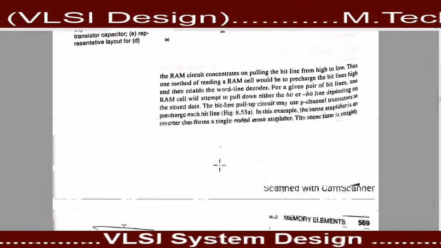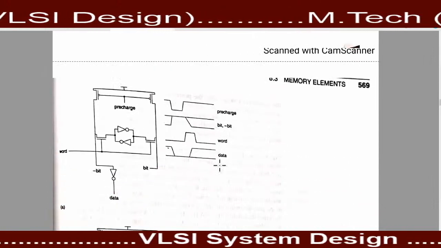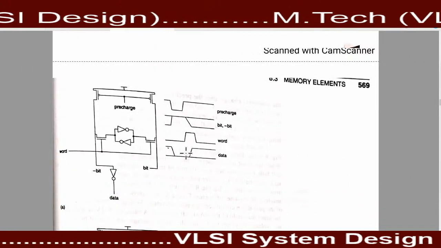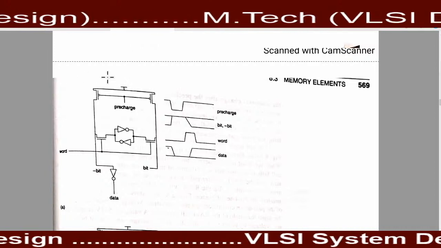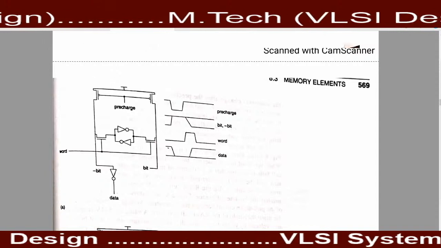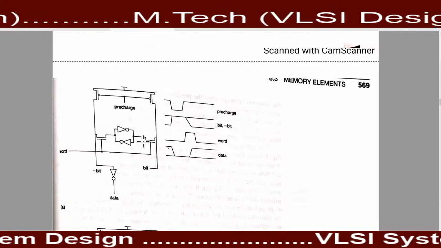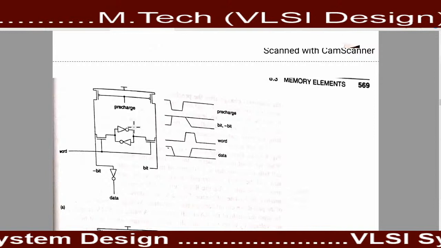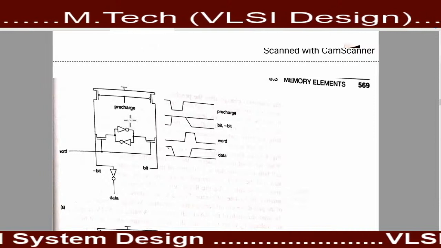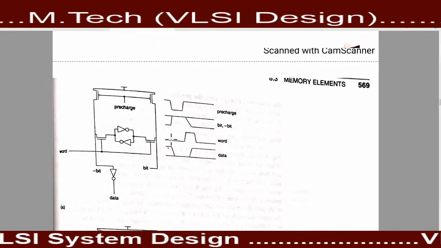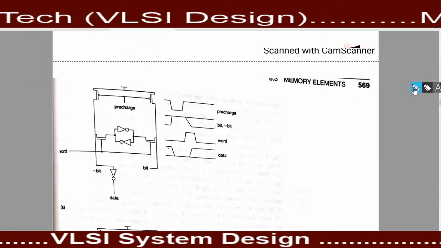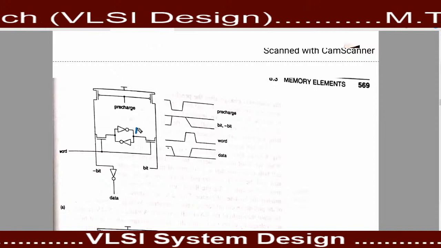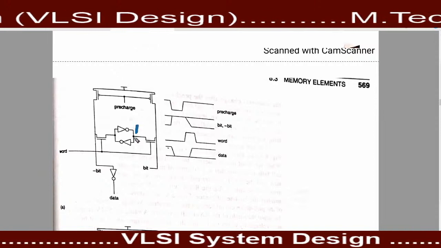Okay. Now, how is the read operation performed in this SRAM cell? Suppose that in the read operation, one is stored here.